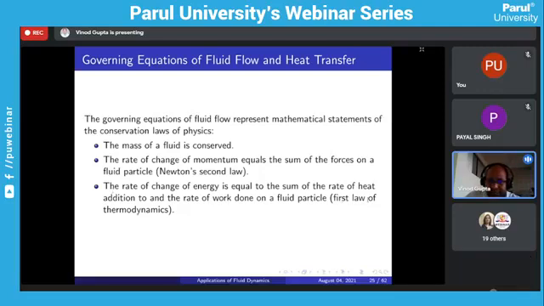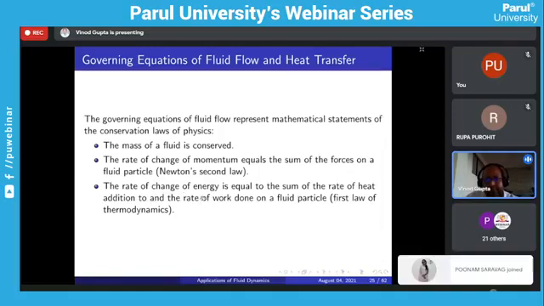That is based on the first law of thermodynamics. The rate of change of energy is equal to the sum of the rate of heat addition and the rate of work done. Because if you add the heat, then there will be some work done.